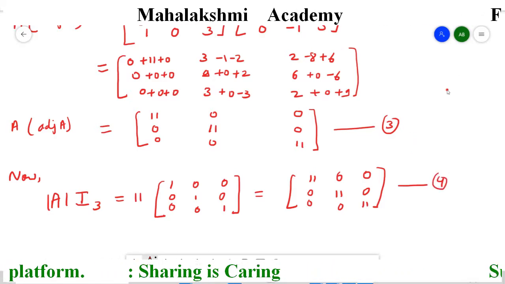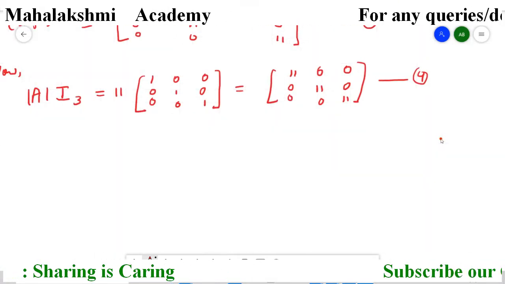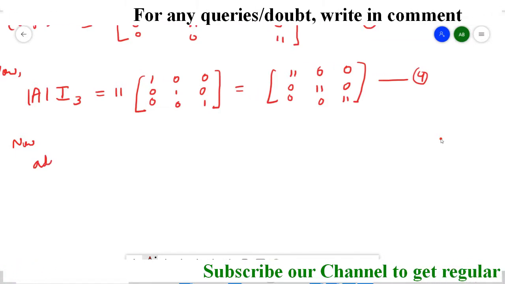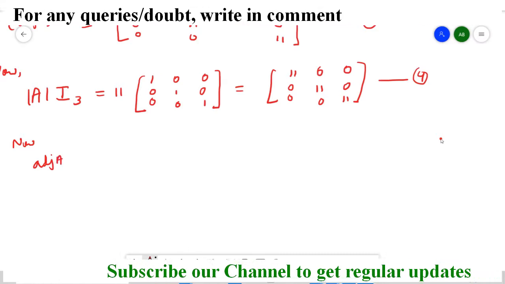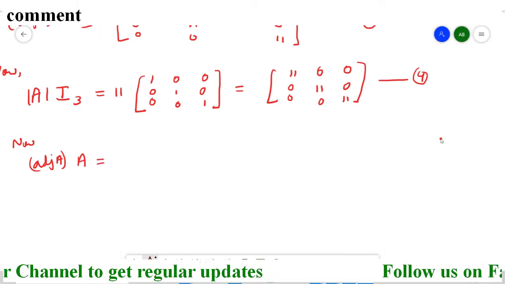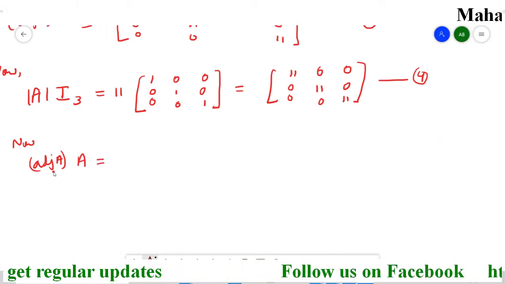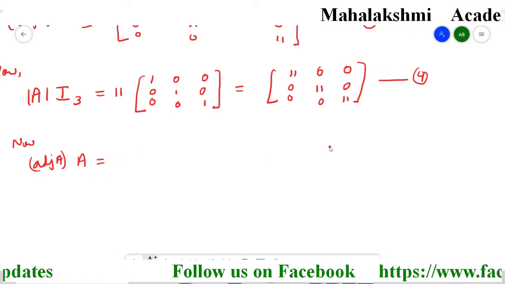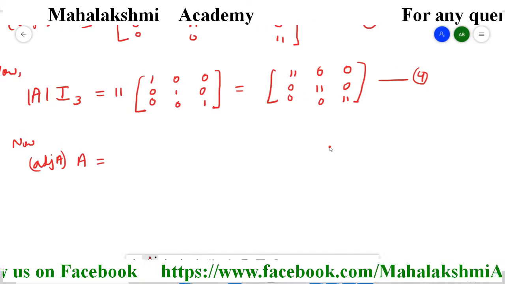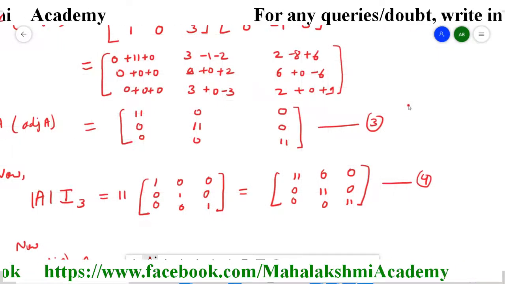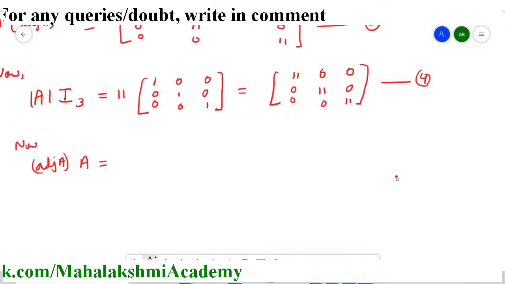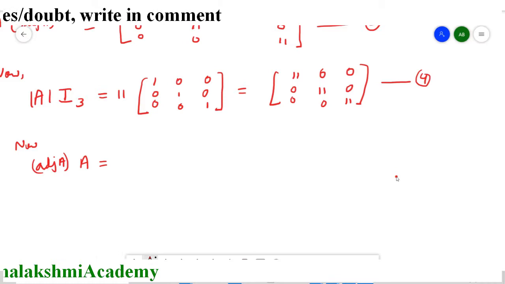Now what are they asking next? They are asking for the product of the adjoint of A with matrix A. The meaning is that first we have to write down the adjoint matrix of A, then write A. The adjoint matrix we already had, you might have written a note somewhere.